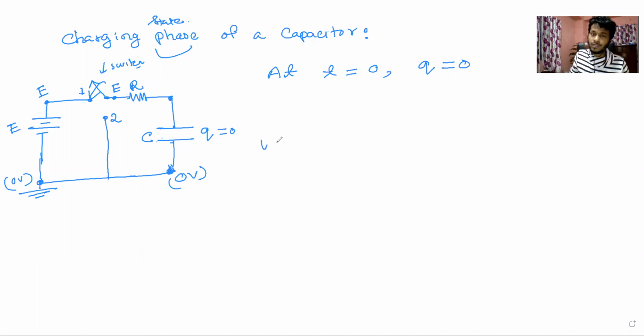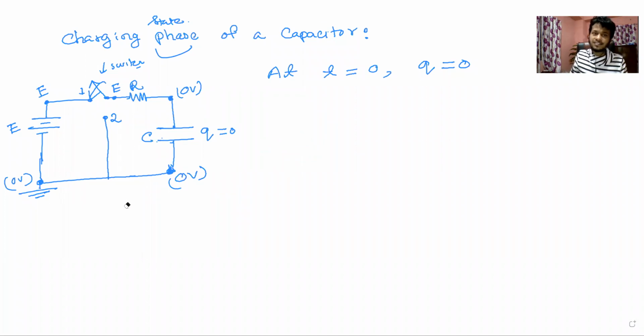We know that V equals Q upon C. So if Q is 0, of course V will be 0, isn't it? Conceptually, if there is no charge, then there is no potential difference. So this capacitor will have 0 volt across it. So what would be the potential at this point? It is again 0 volt, isn't it?